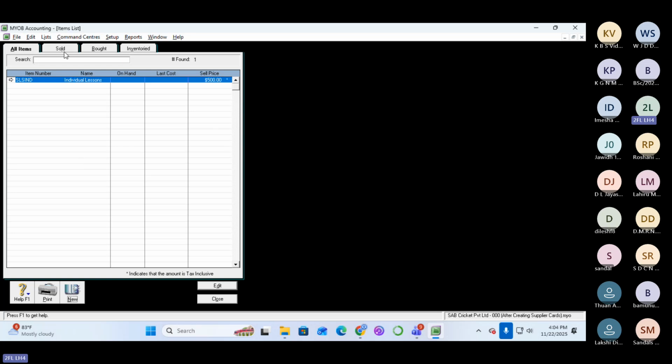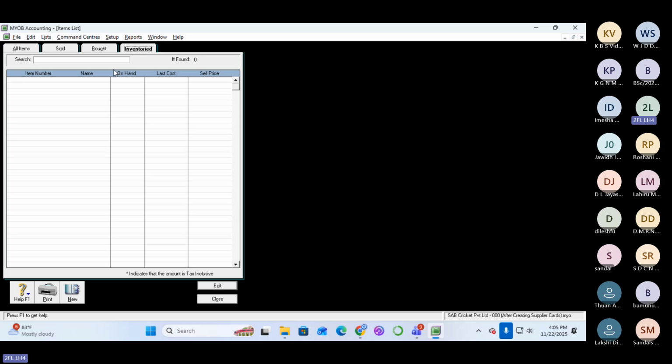Then you go to the sold tab. Under all items, it's anyway appearing because all the items will appear under this tab. When you go to the sold tab, this item is appearing because it is an item you are selling. Right? When you go to the bought tab, it is not appearing because you don't buy this. When you go to the inventory, you don't see this because you don't inventory. Right?